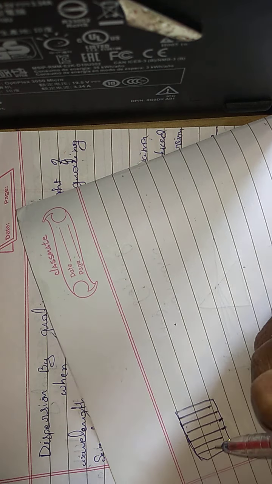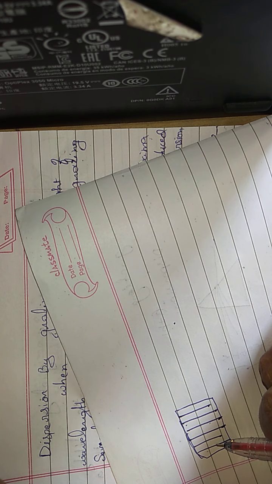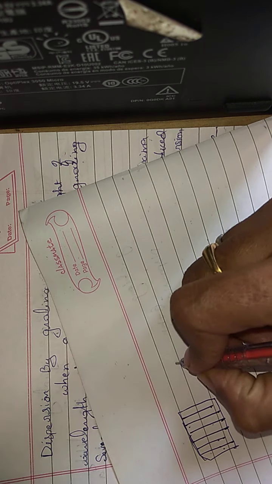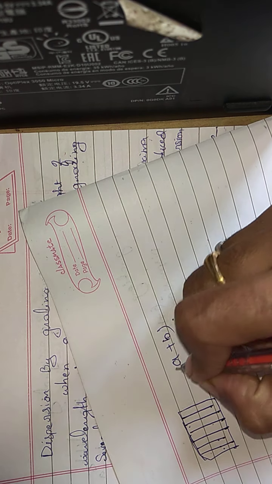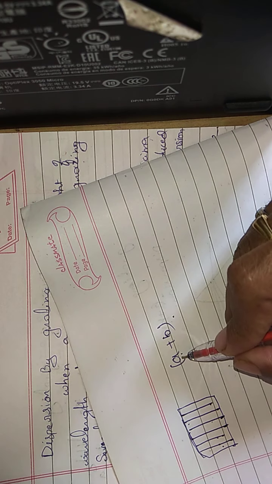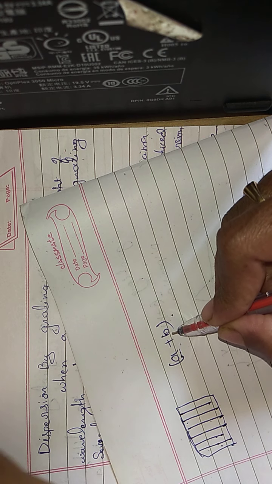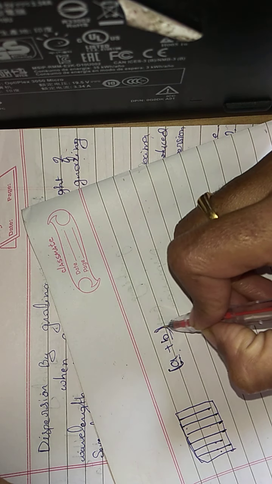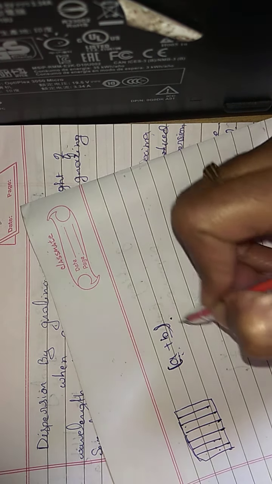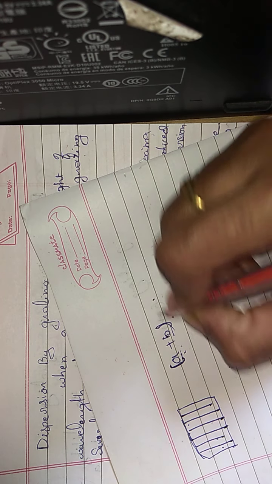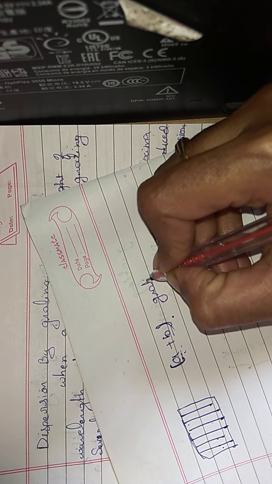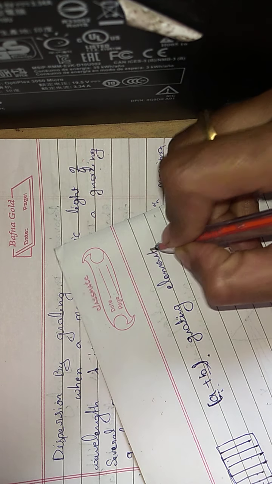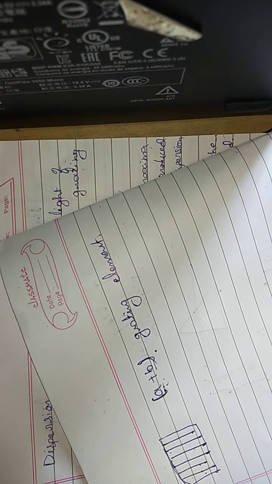The distance covering the transparent part, that is a slit, as well as the opaque part, is considered as a plus b, where a is the width of the transparent part and b is the width of the opaque part. The total width of the transparent and opaque part, a plus b, is called the grating element.